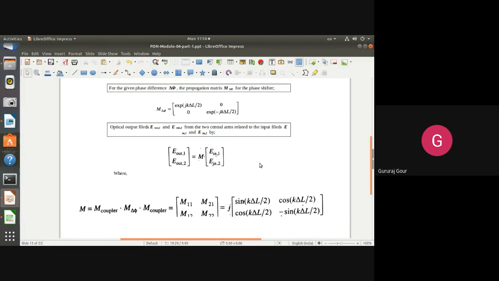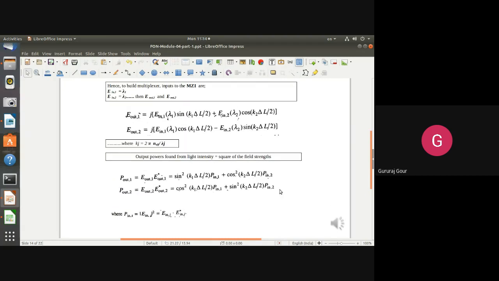So later we related both the output and input ports power relationships with the help of the parameter M, that is a coupling matrix M. That is the product between M coupler, M delta phi, and M coupler, which is going to yield a 2 by 2 M parameters, like this. This you have to remember.